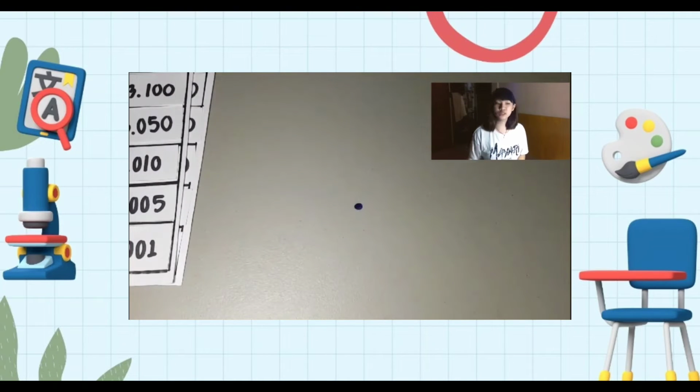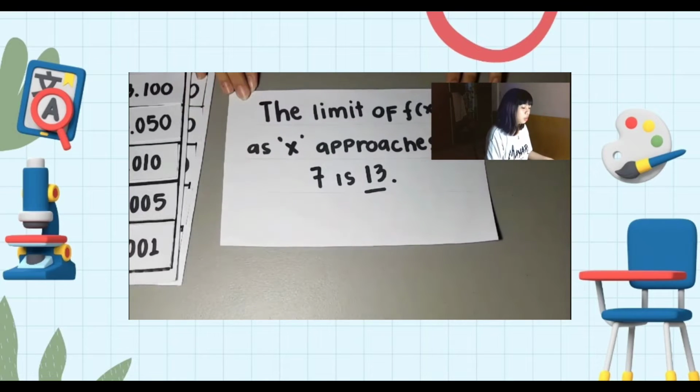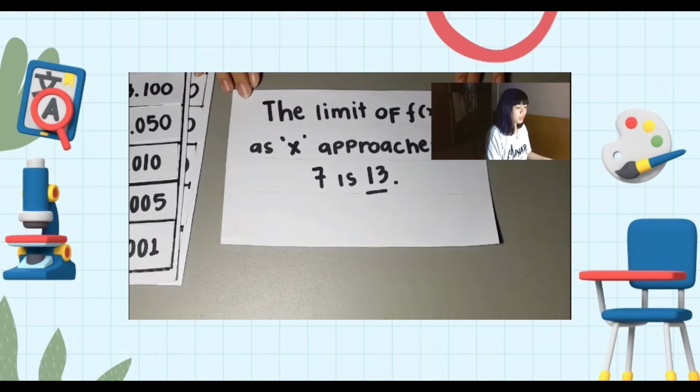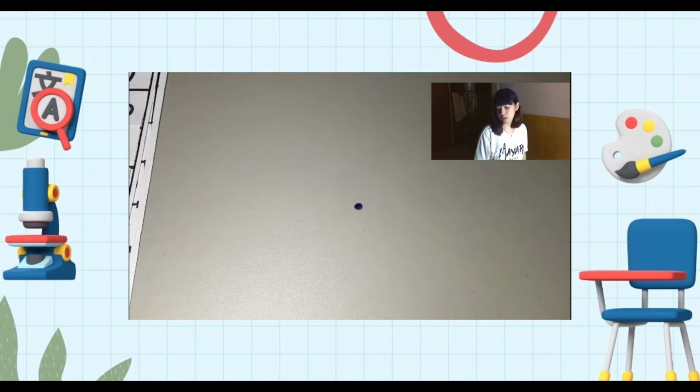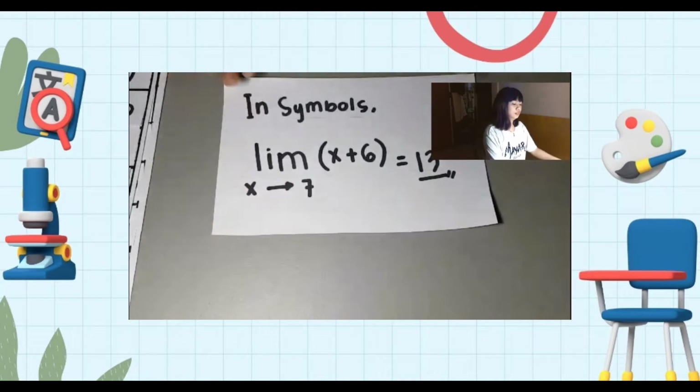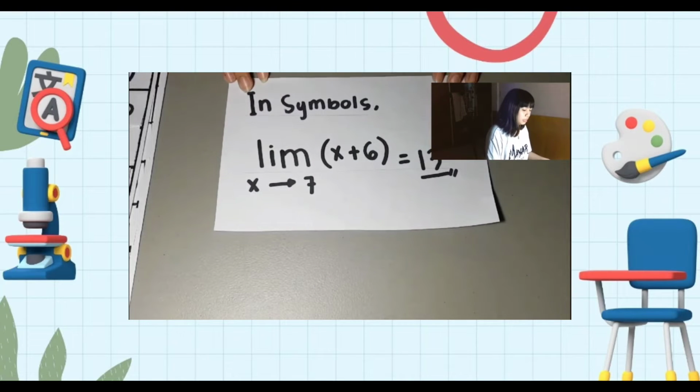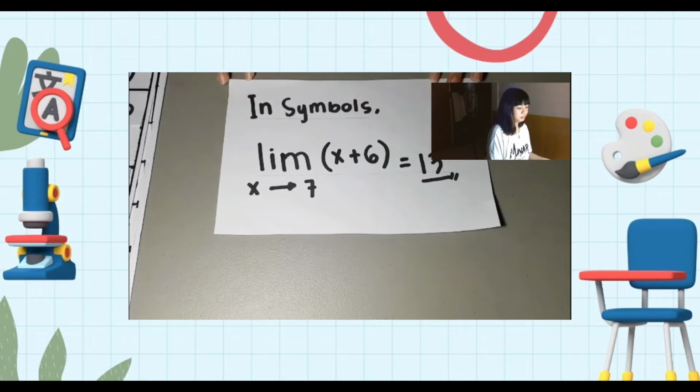So therefore, we can conclude that the limit of f of x as x approaches 7 is 13. Or in symbols, the limit of x plus 6 as x approaches 7 is equal to 13. So that would be all for our example for evaluating limits using table of values. Thank you.